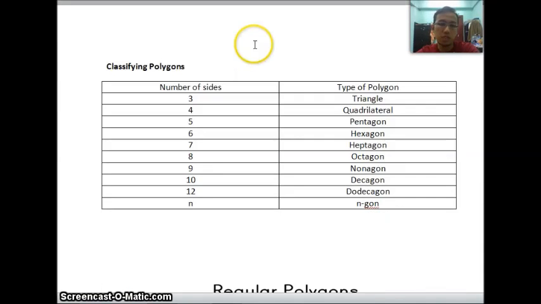Next up, I'll be classifying the polygons. As you can see here in the table, the number of sides starts from 3. We can't start from 2 because with 2 sides we can't make up a polygon. So 3, 4, 5, 6, 7, 8, 9, 10, 12, and so forth.